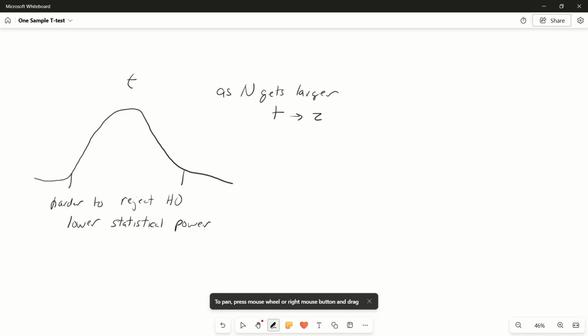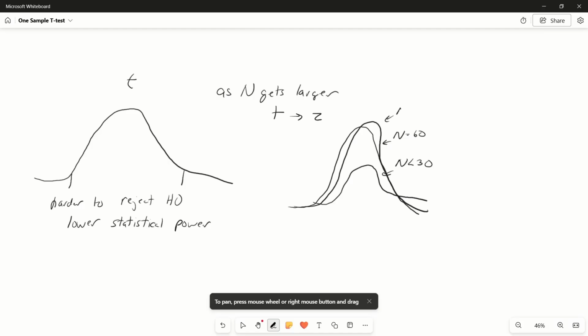If n is small, we're going to have something like this where we have flat and thicker tails. So this is like n less than 30. And as n gets bigger, this would be like n of 60. And then when n gets even bigger than that, we have a perfect normal distribution.